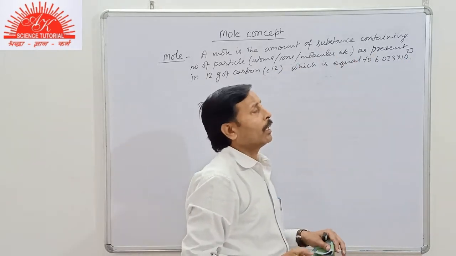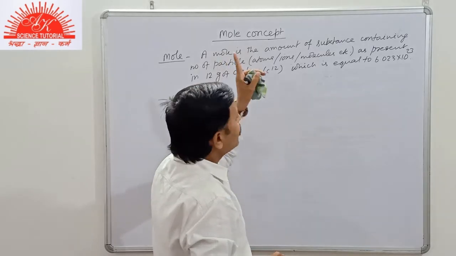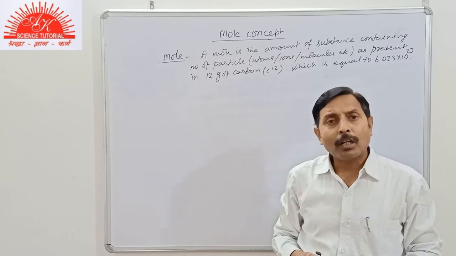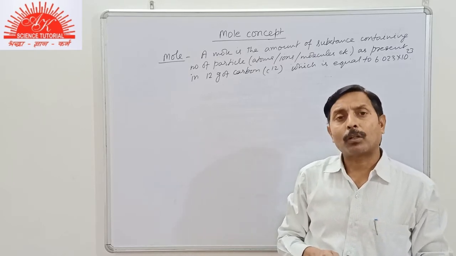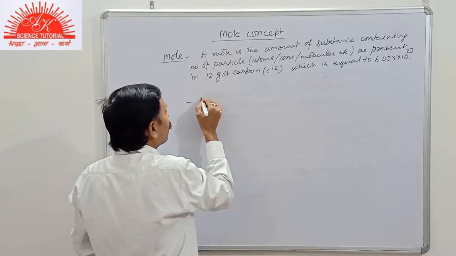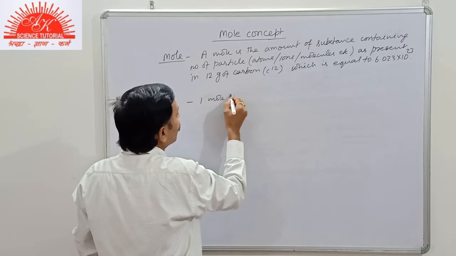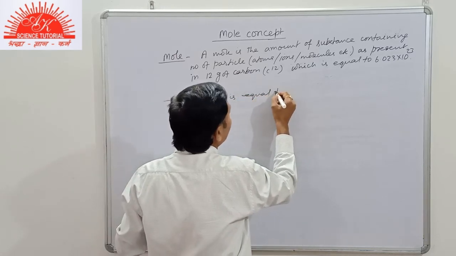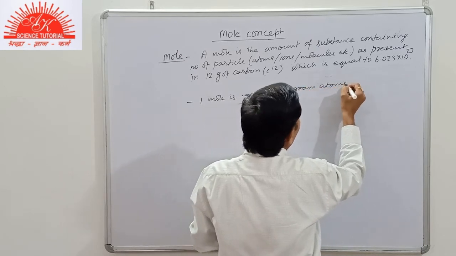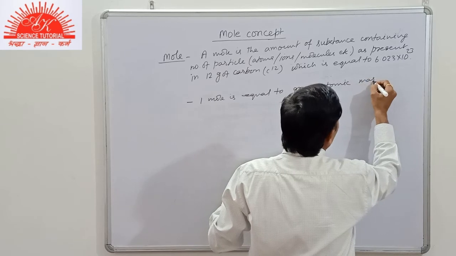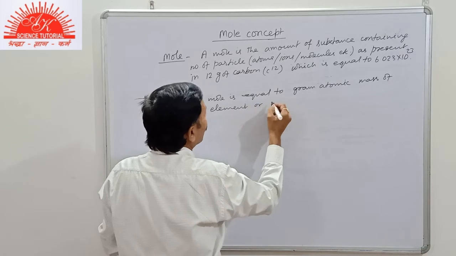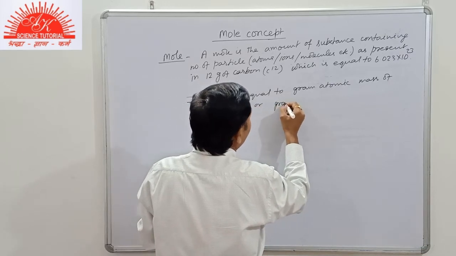So what do you see? That 1 mole is the amount of substance that may be equal to its molecular mass or atomic mass, gram atomic mass. So we can write here 1 mole is equal to gram atomic mass of element or gram molecular mass of substance.